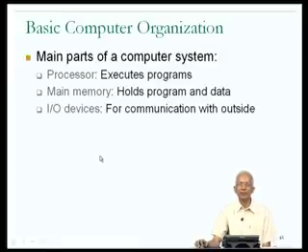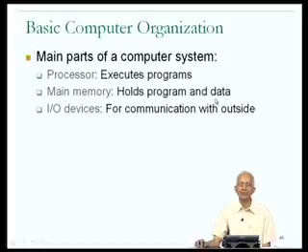The second main part of a computer system is something called the main memory. And basically the main memory is the circuitry of the computer system which holds the program and its data. We have seen that a program in execution is made up of many instructions, but it also manipulates data.